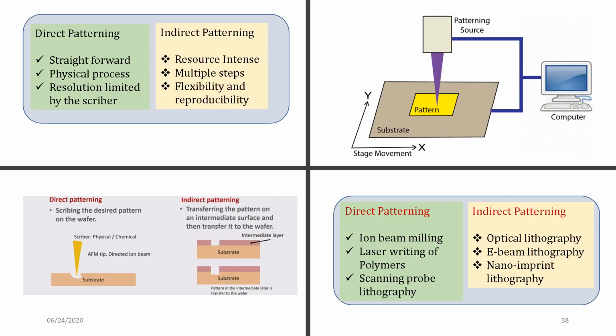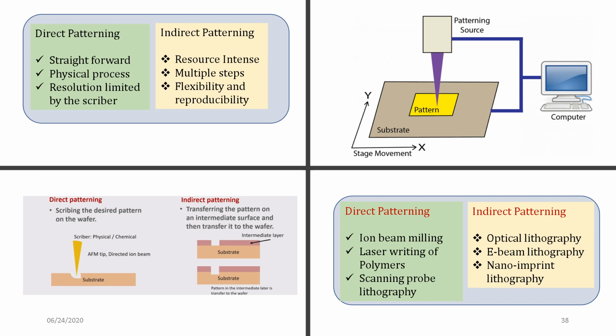If you look at direct patterning versus indirect patterning, direct patterning is straightforward. You have a design, you just write it. It's a physical process, and the resolution is limited by the tip or the scriber that is used to pattern it. With indirect patterning, it's a resource intensive process. Why?